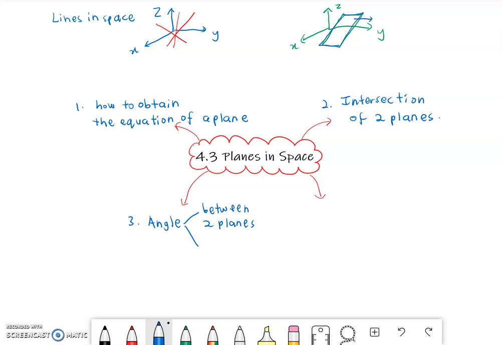And another one is to find the angle between a line and a plane. And the last one is how to obtain the shortest distance from a point to a plane.